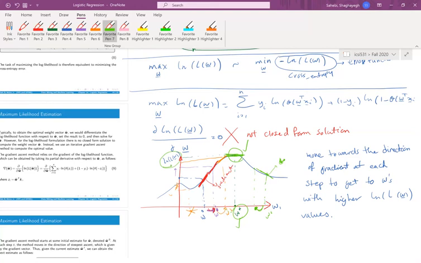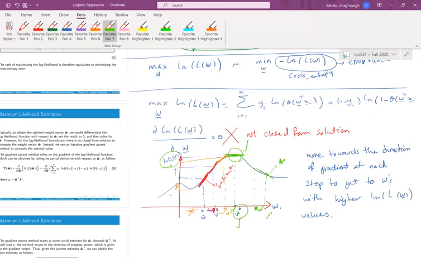We first start with a random value or an initial value for W. We take the gradient and we move towards the gradient direction at each step. We do it step by step until we get to a good value for our W.